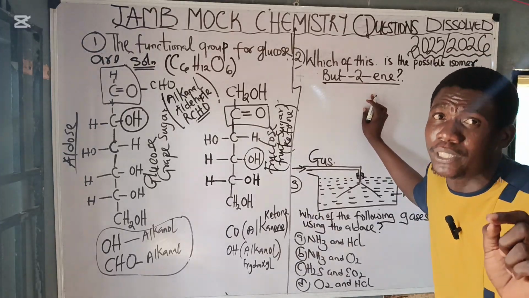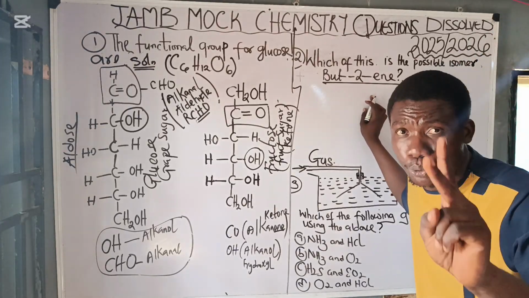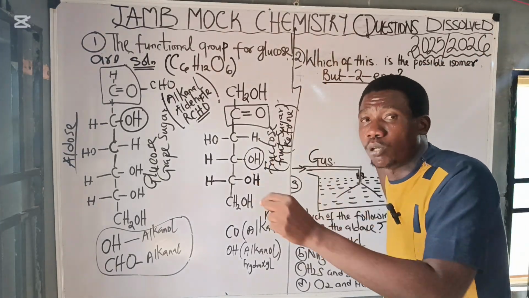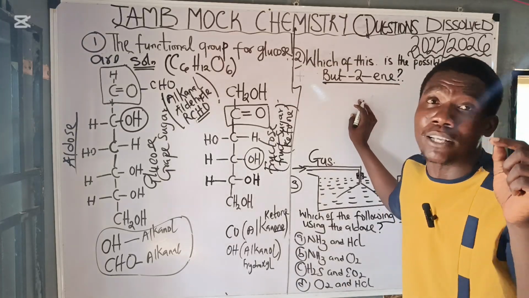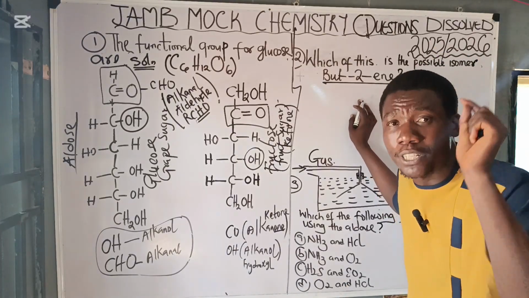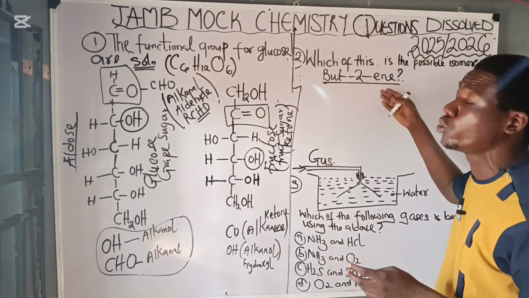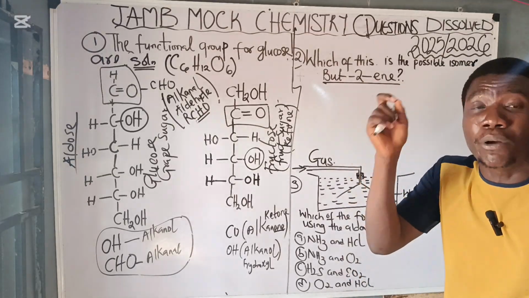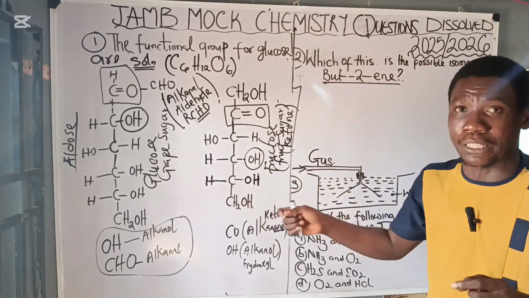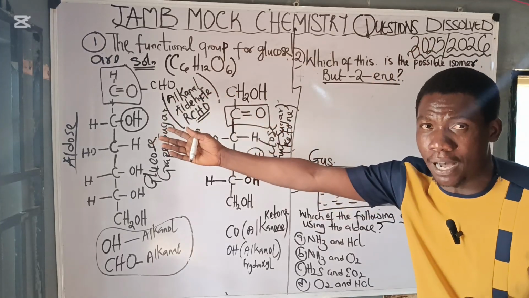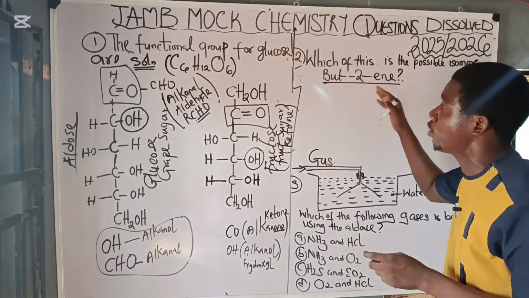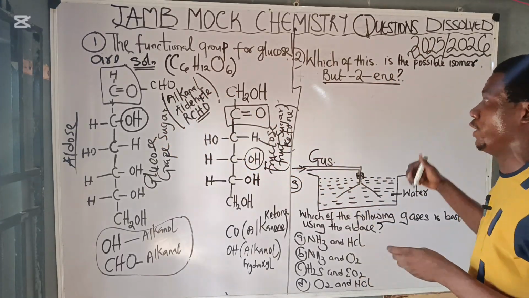But what you must know is this, that isomerism is divided into two. We have the structural isomers, then we have the stereoisomers. But in an exam situation, whenever you are told to determine the possible isomers of but-2-ene, they are basically referring to the structural isomers, not the stereoisomers. So let us be focused on the structural isomers for but-2-ene.